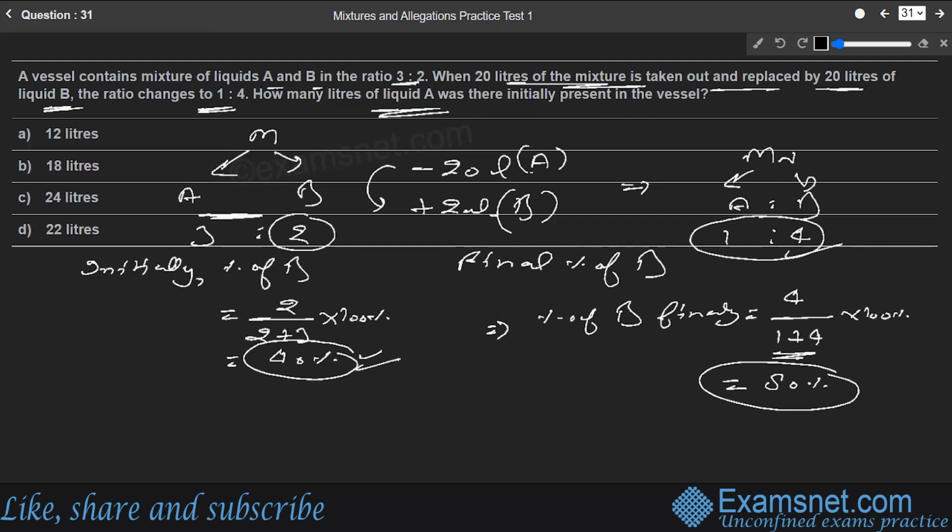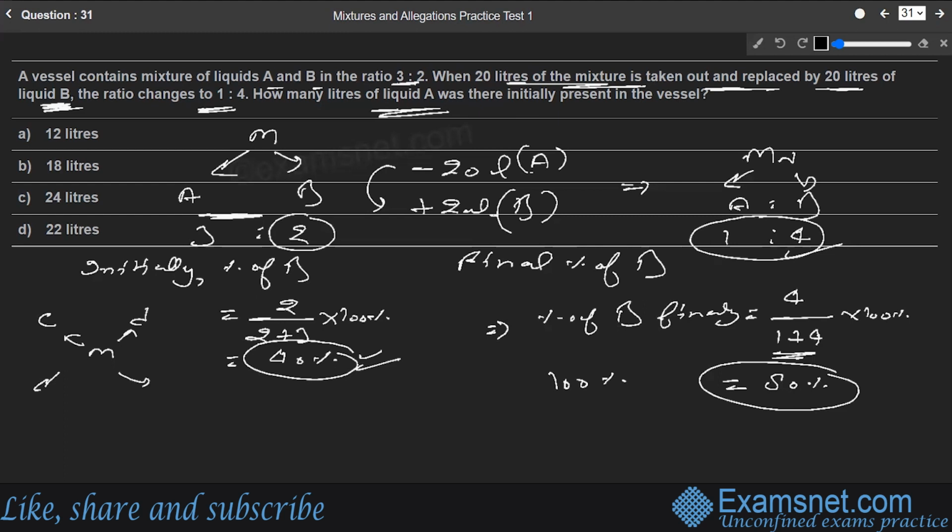Now we can assume there is a method called cheaper, dearer and mean, which gives us the ratio. What has happened is that the liquid B being mixed in has 100% of liquid B, with no mixing. So 20 liters of liquid B only is being added.